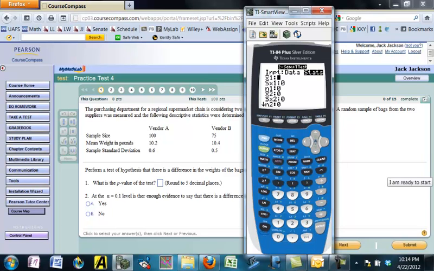X bar 1 is under A, mean weight. The sample standard deviation of that sample is 0.6, and the N is, I'm sorry, I've got that wrong, N is 100. The X bar is 10.2.